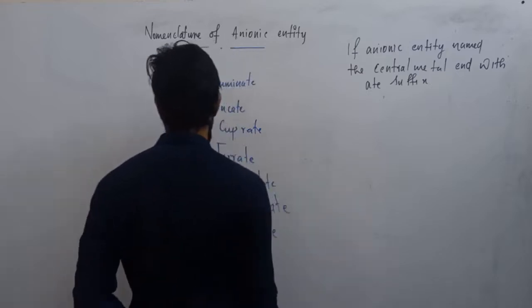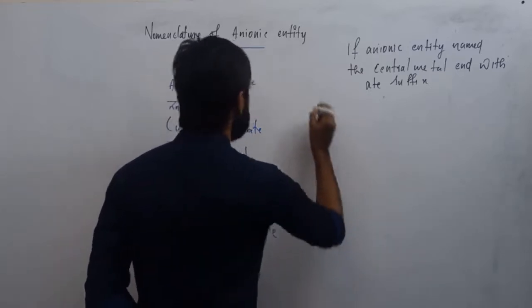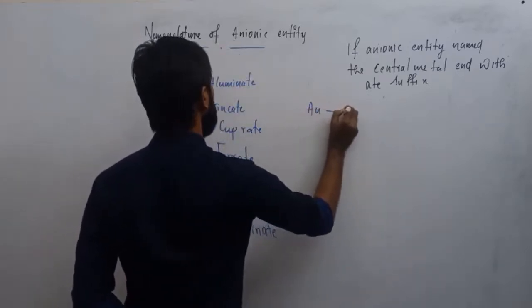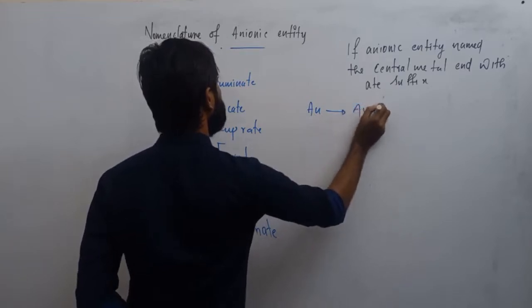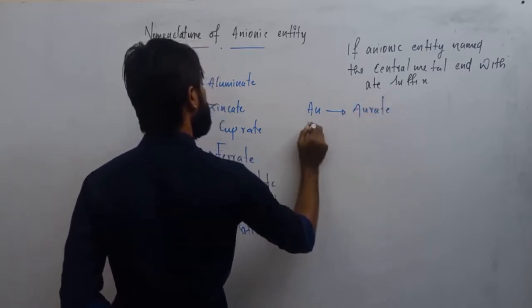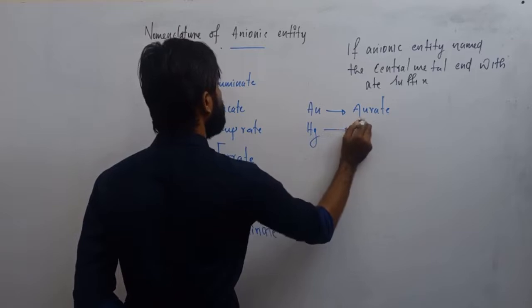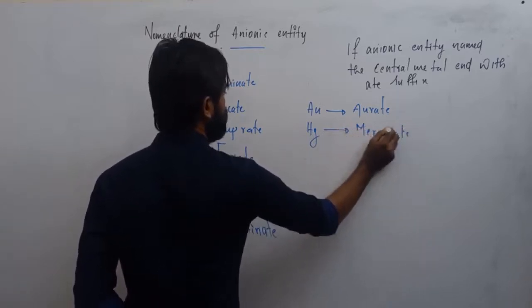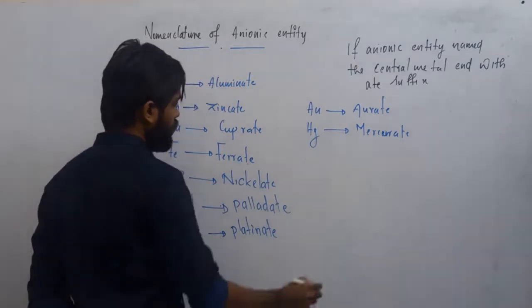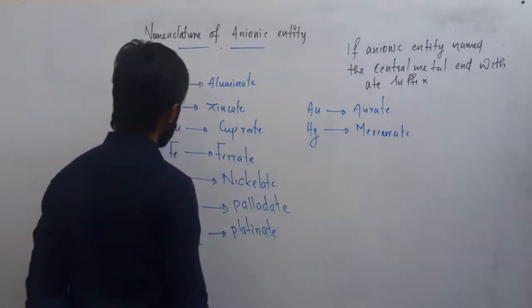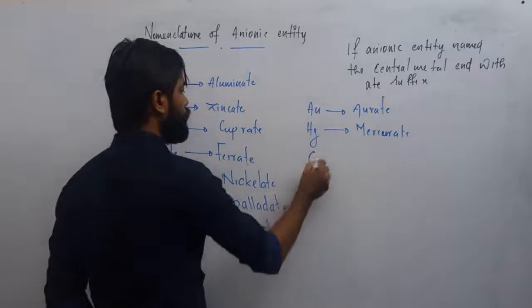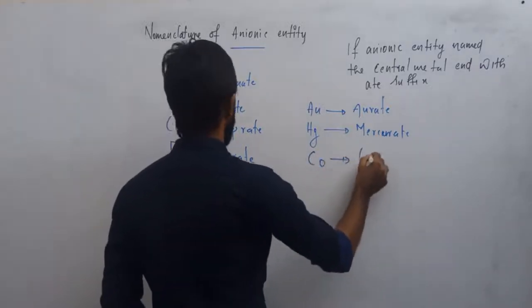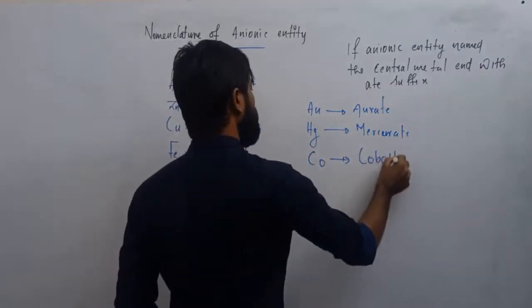Gold, aurate. Mercury, mercurate. The usual cobalt, cobaltate.